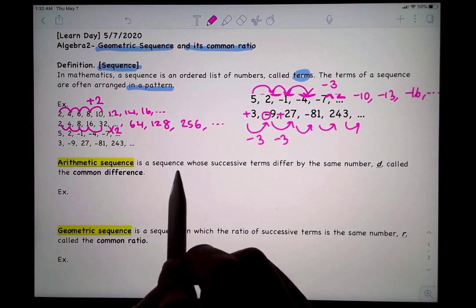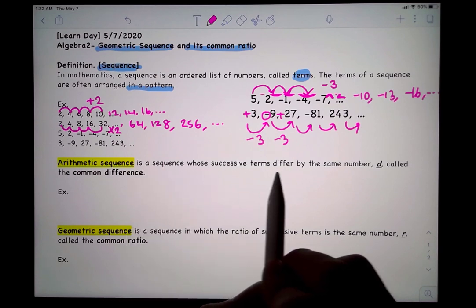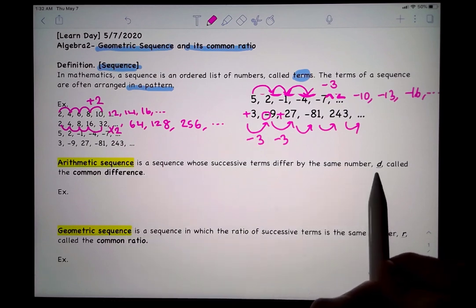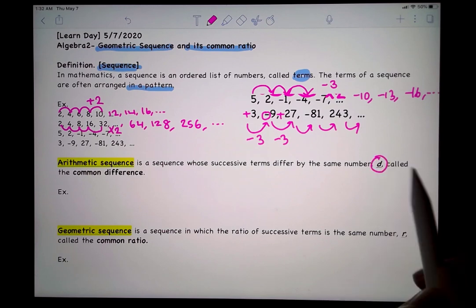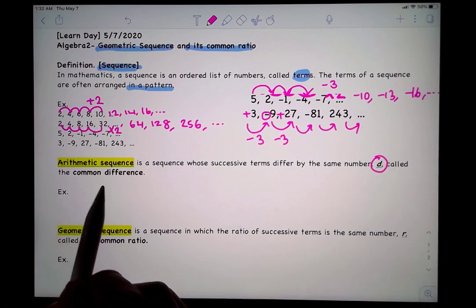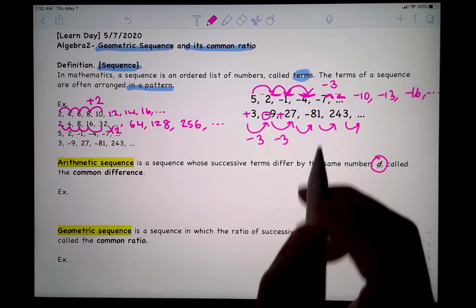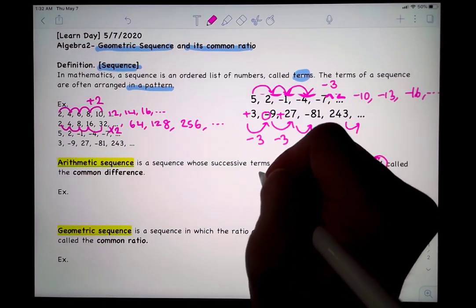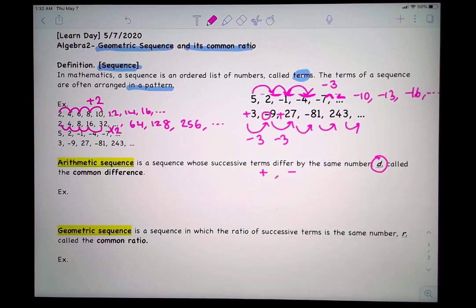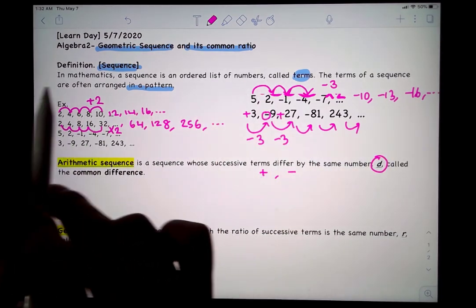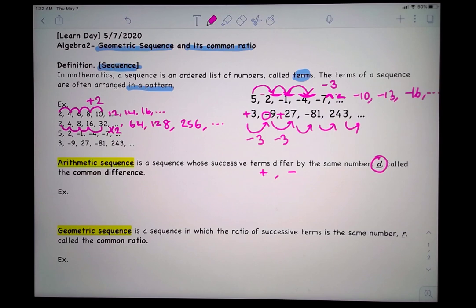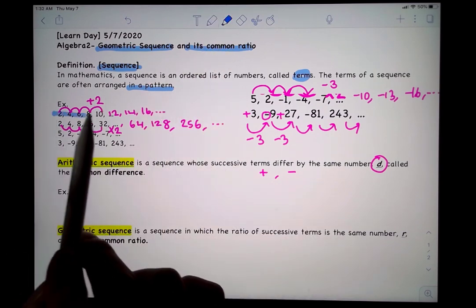That is a sequence whose successive terms differ by the same number, d, called the common difference. This is when the pattern is plus or minus. So in this example, which one has plus or minus, guys? This one, right?